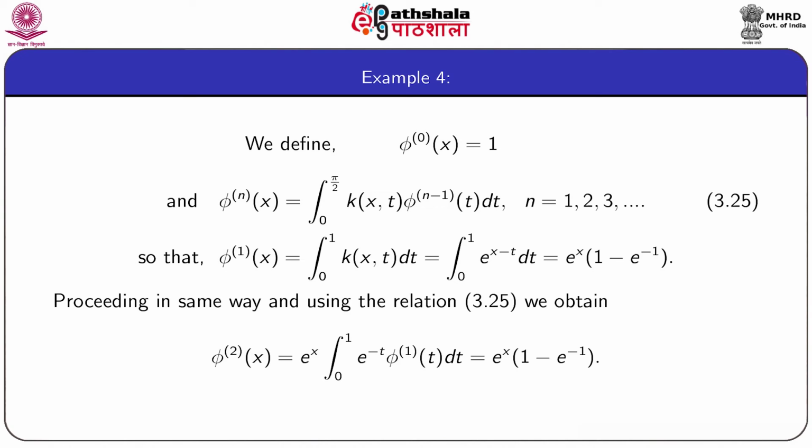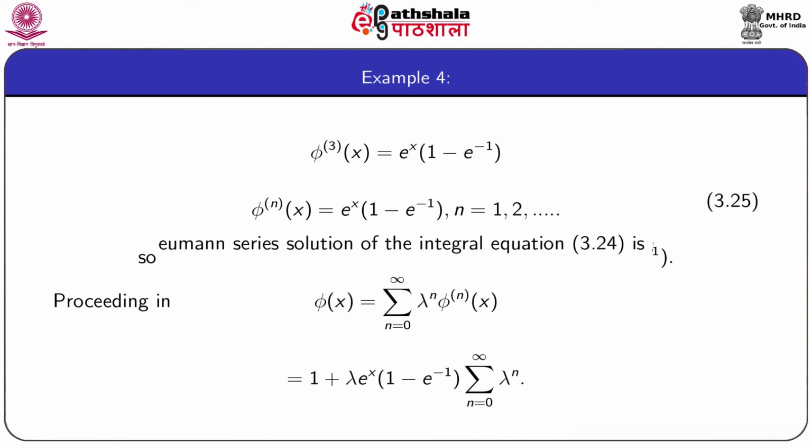Substituting the value of φ¹(t), we get the value of φ²(x) after simplification given by e^x times (1 − e⁻¹). That is, it has the same value as φ¹(x).